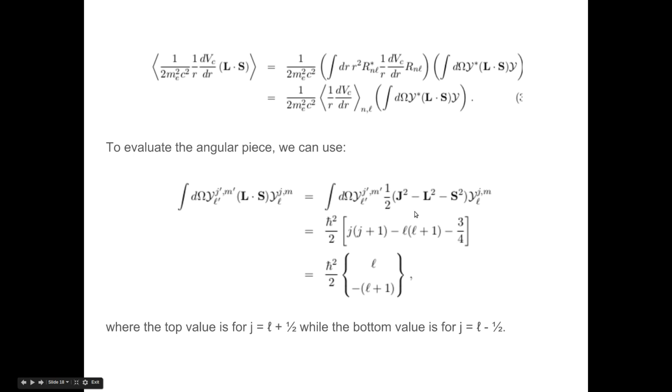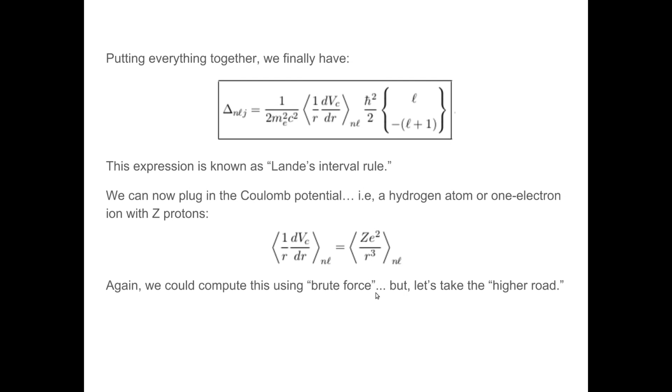And J squared is a function of J, so it's going to be J times J plus 1. Or if I put in what J is, J can either be L plus 1/2 if the electron's spin is up, or L minus 1/2 if the electron's spin is down. I get two possible values, and that's what I have here. So this integral gives me these nice little simple expressions in terms of the orbital angular momentum quantum number.